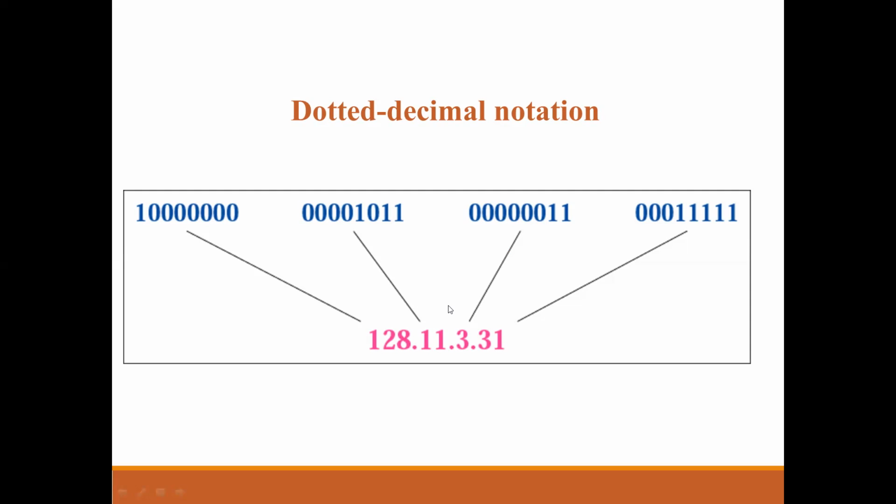So 128.11.3.31 is in dotted decimal notation. So here two methods are used: the first one is the binary notation, and the second one is the dotted decimal notation. What is the difference here? In the second one, this is represented in decimal and separated by dots. Hence, it is known as the dotted decimal notation.